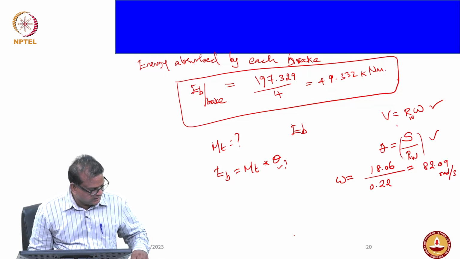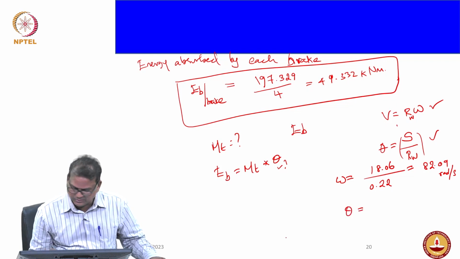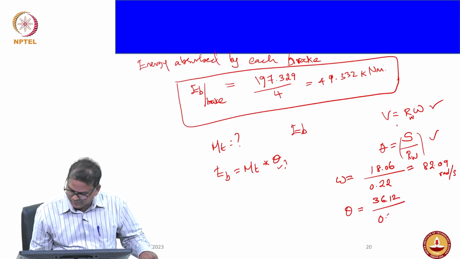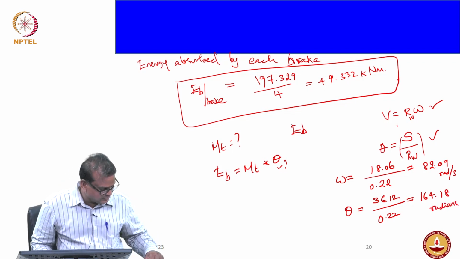Then another thing is I need to find out theta in radians, which is nothing but S, that is 36.12, right? And R equals 0.22. That should give me 164.18 radians. I have all these things.